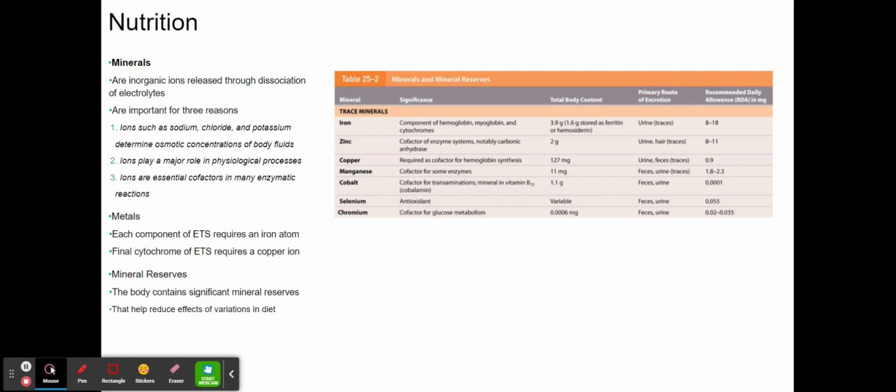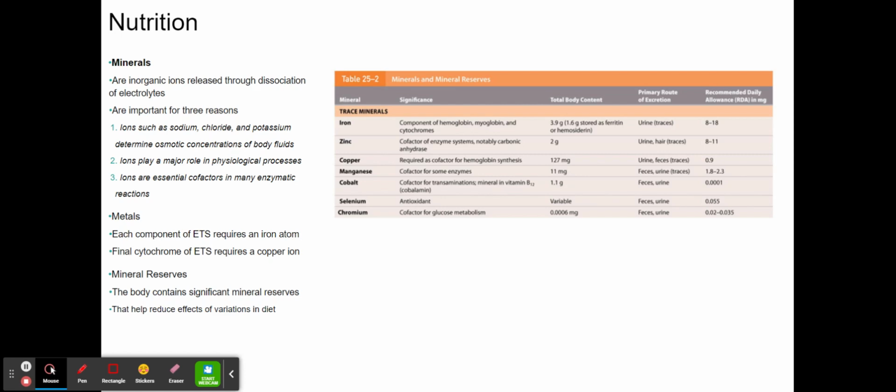Three, ions are essential cofactors in a variety of enzymatic reactions. For example, calcium-dependent ATPase in skeletal muscle also requires the presence of magnesium ions. Another ATPase required for the conversion of glucose to pyruvate needs both potassium and magnesium ions. Carbonic anhydrase is important in carbon dioxide transport, buffer systems, and gastric acid secretion.